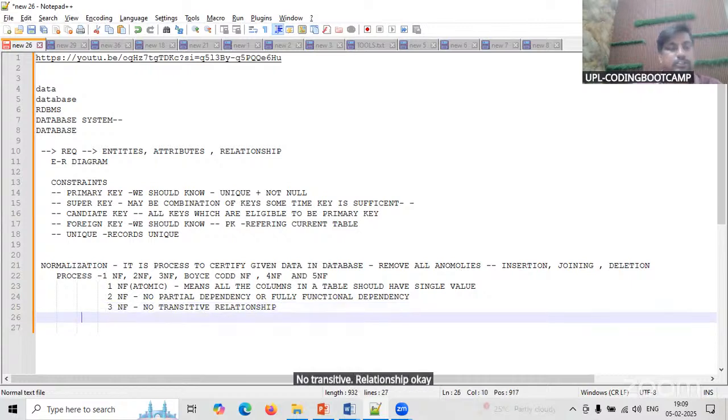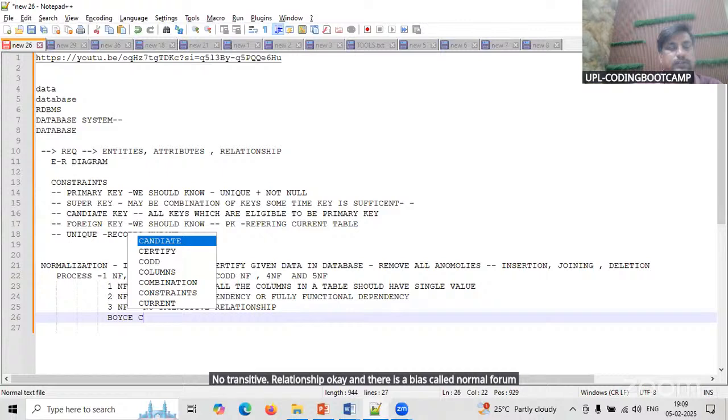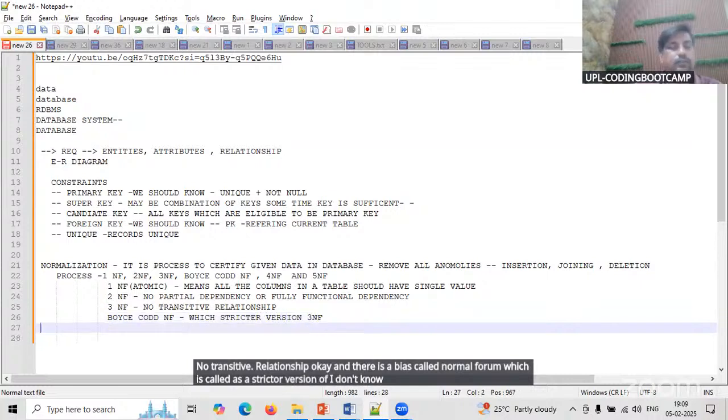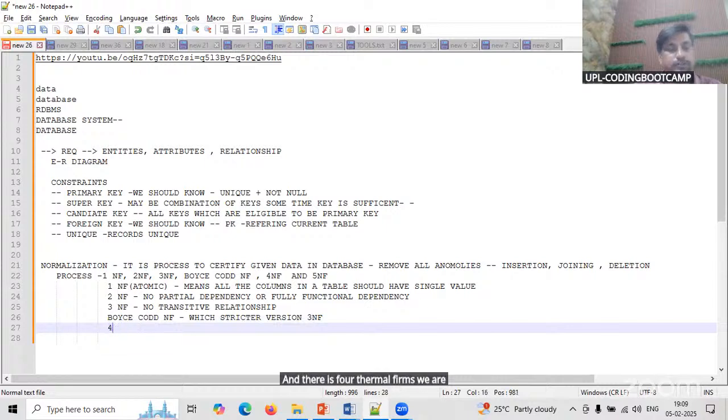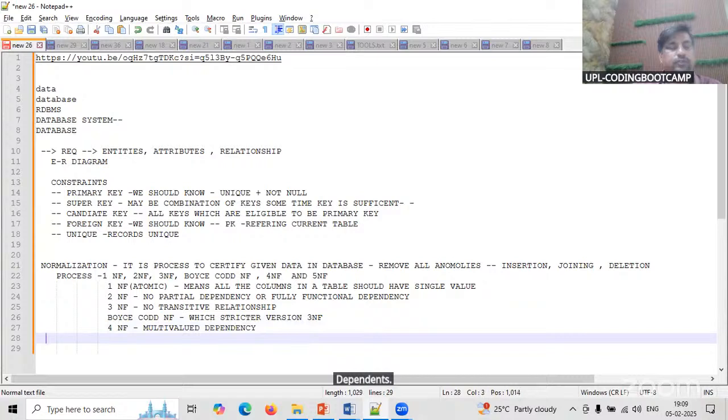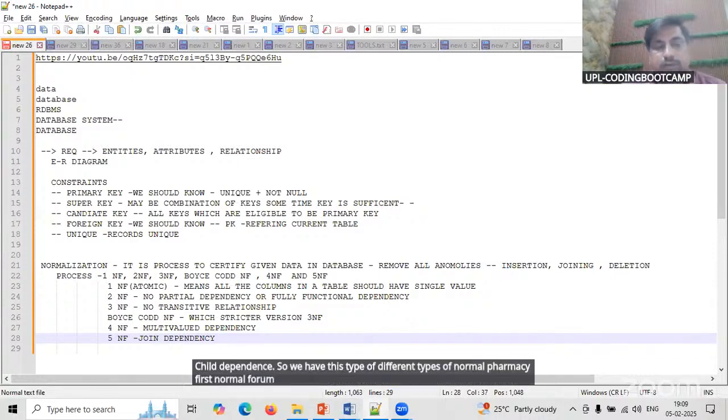And there is Boyce-Codd normal form, which is called a stricter version of third normal form. Whereas fourth normal form we are talking about multi-valued dependency. Whereas fifth normal form we are talking about join dependency. So we have these different types of normal forms: first, second, third, fourth and fifth normal form.